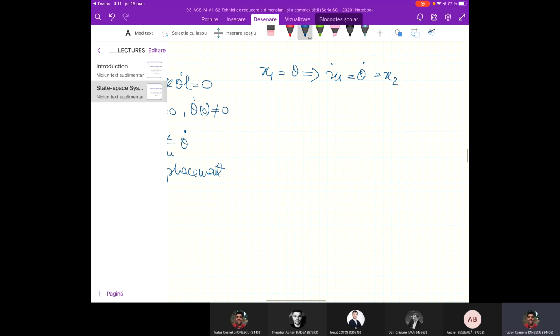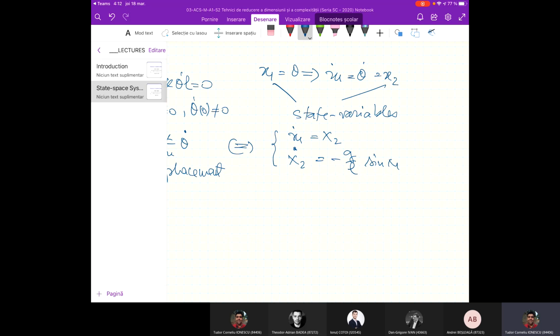I remind you, these are state variables, which means this equation is equivalent to a system of two equations: x1 dot is x2, and x2 dot is minus g over L sine x1 minus k x2.